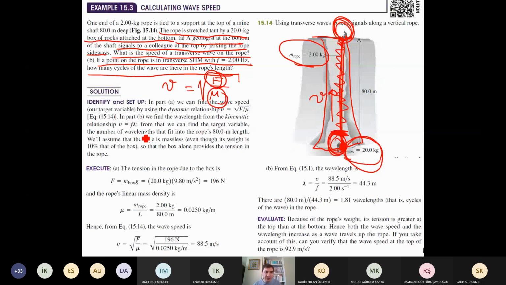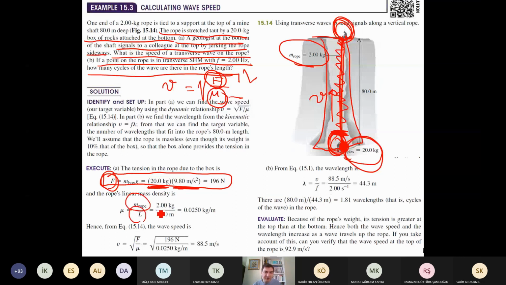So tension in the rope can be found with this one due to the box of rocks. This is the mass of the box of rocks, 20 kilogram. This is the g, 9.8 meter per square second. Then F, tension in the rope, is found. What about this one? Mu is given with mass over length.